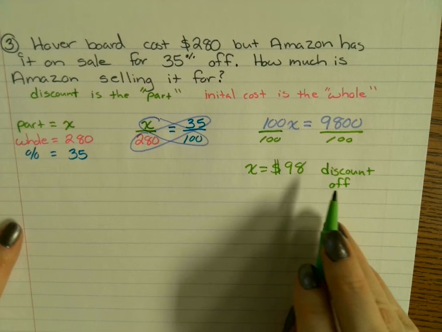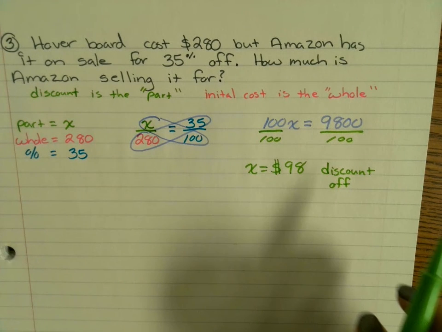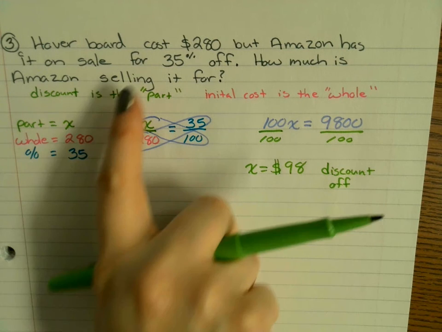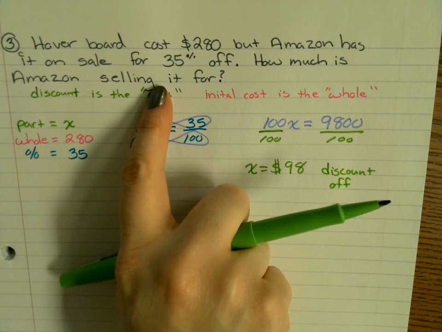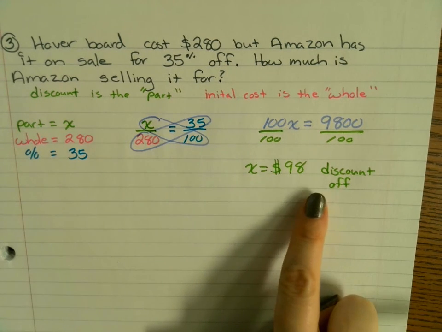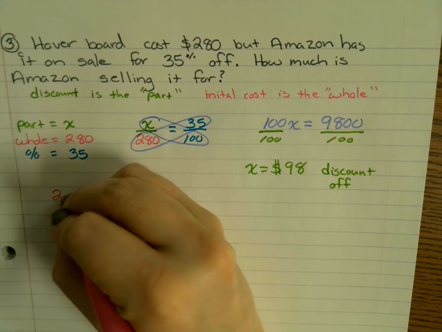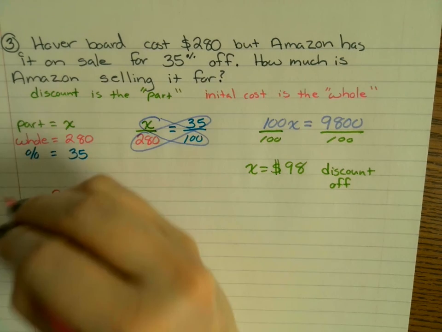$98 is representing just the amount that they're going to take off, not how much they're going to sell it for. So they're going to discount it by $98. What do we then need to do? Subtract. Good. So we're going to take the initial cost of $280.